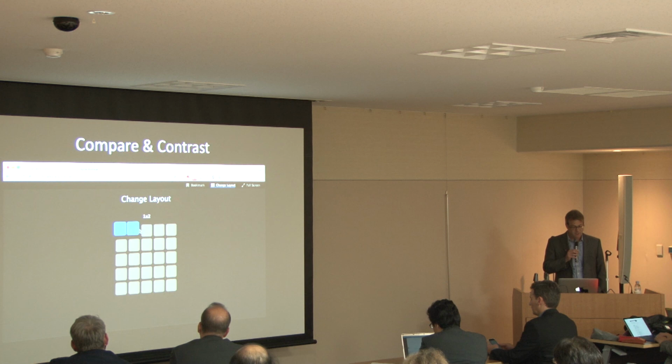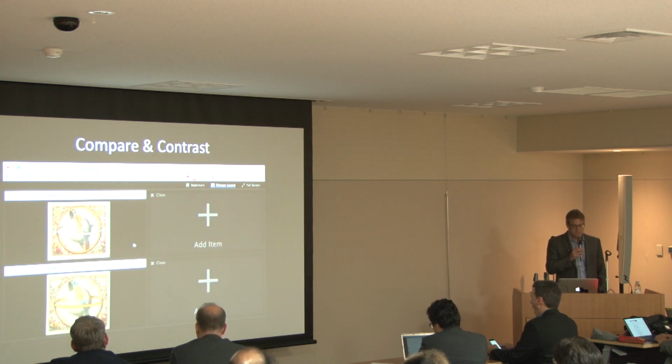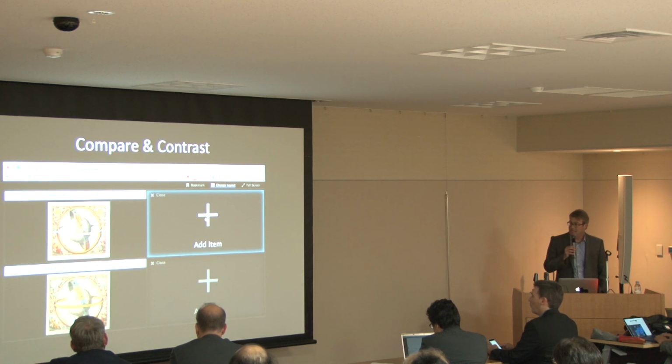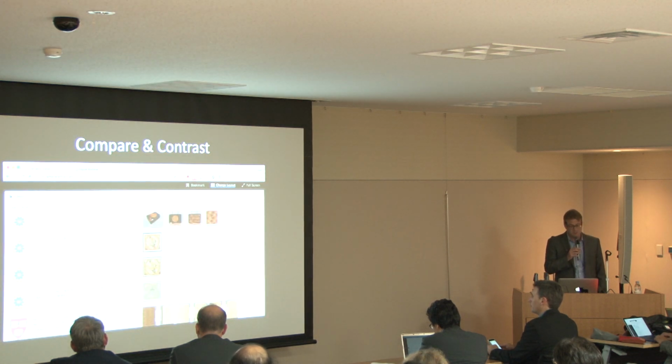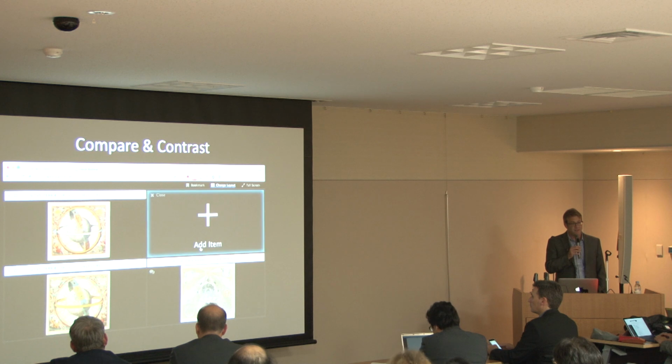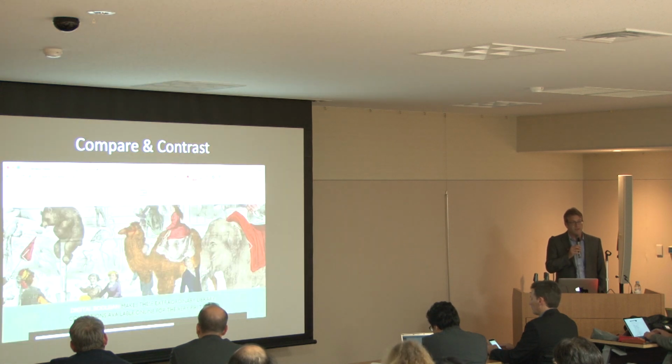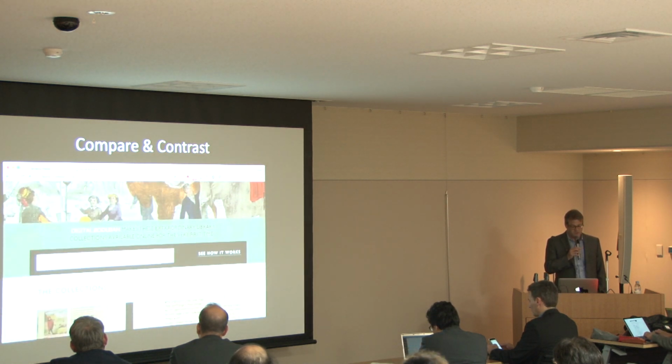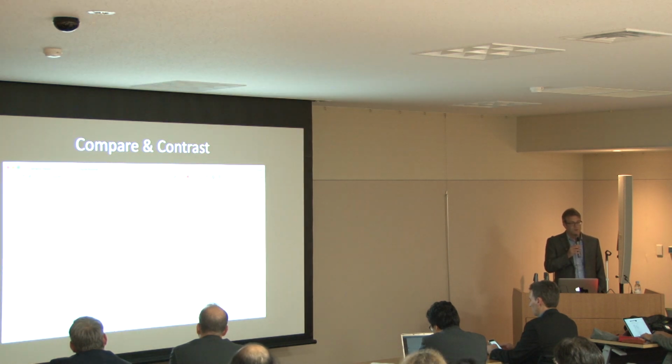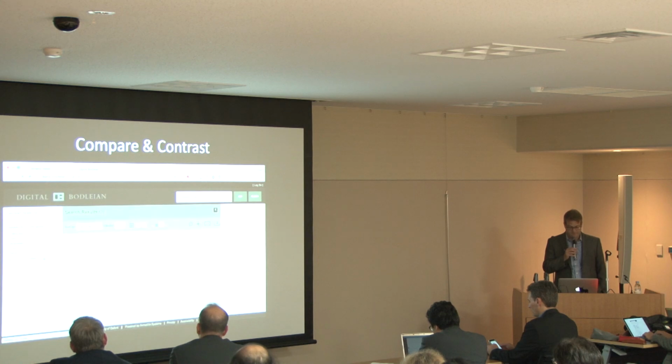You'll also see the ability to create a more sophisticated grid layout, such as this 2x2 grid layout, and to add content from other institutions. We'll see the ability to find a celestial map from the Bodleian collection at Oxford and drag the IIIF icon into the fourth window for comparison.